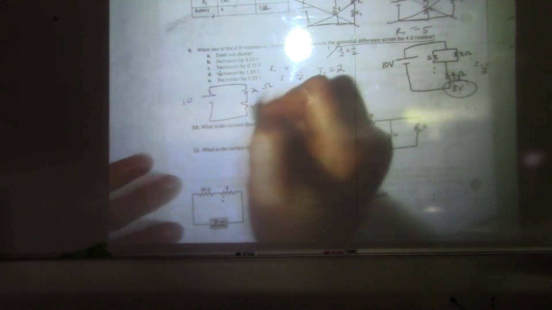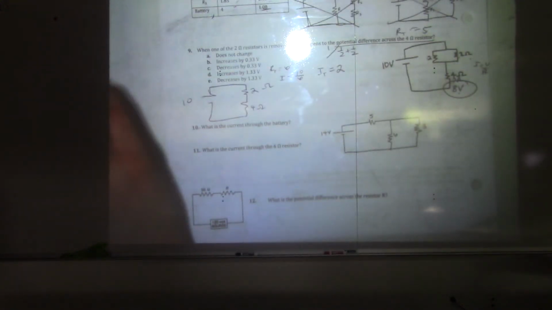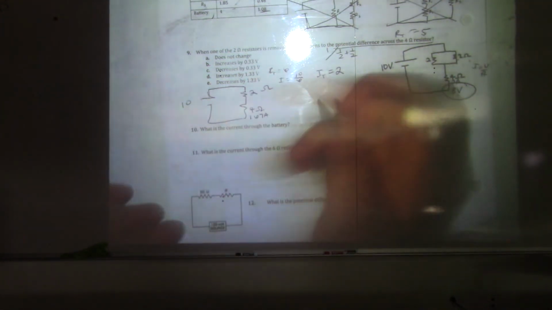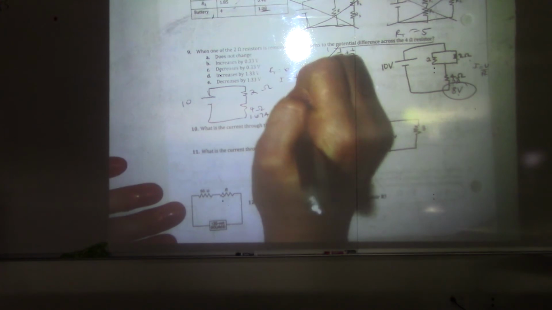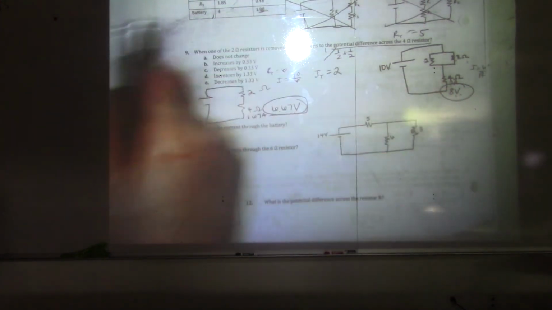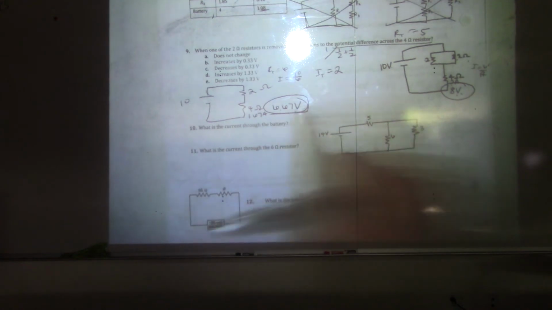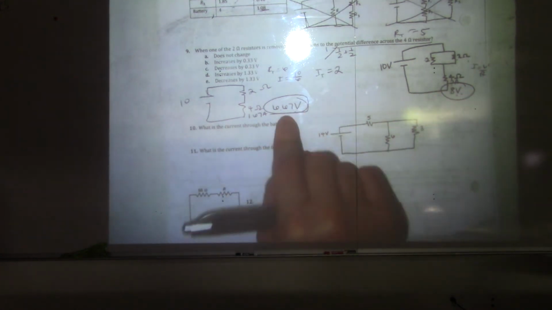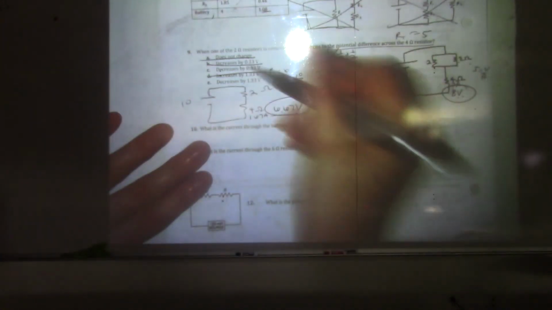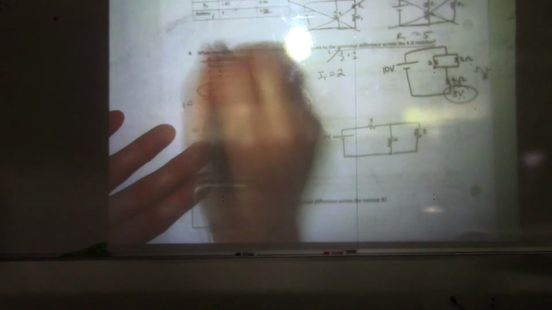I total would be 10 over 6, which is 1.67, so 1.67 amps, and then multiply to get your voltage. So this one now has 6.67 volts. So first it was 8, now it's 6.67 volts, so I just subtract. Obviously this went down, from 8 to this, it decreased, so I can cross off these ones, and it decreases not by 0.33, but by 1.33. So your answer is E.